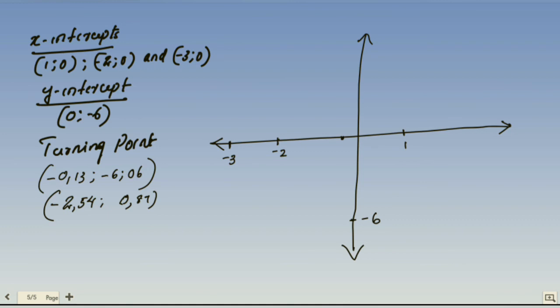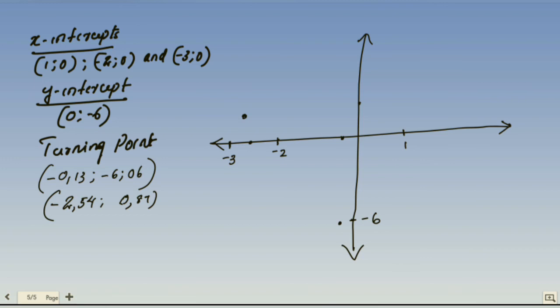So it's somewhere here. This is the turning point, okay? Bottom turning point. Then top turning point is minus 2,54. That is between minus 2, that is somewhere here. Then 0,87 is somewhere here. So that point is here. That is the top turning point.